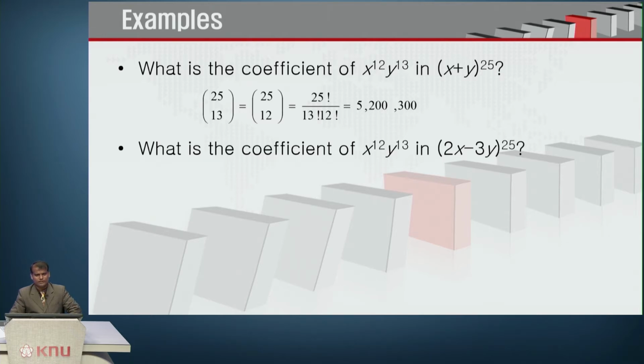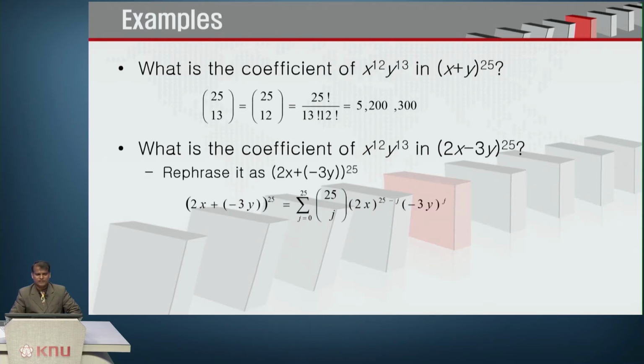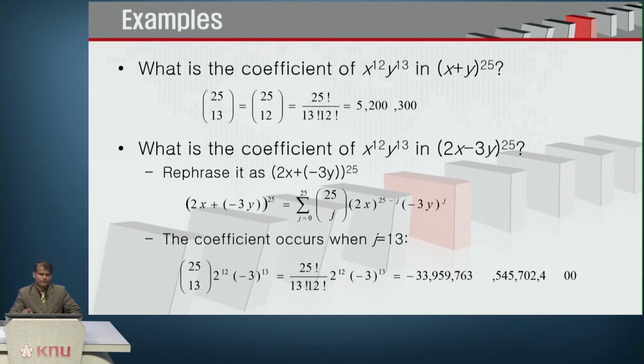Again, what is the coefficient of x to the power 12 and y to the power 13 in (2x minus 3y) to the power 25? We can rephrase it to simplify it, and after simplification you can use the coefficient to help in solving this problem.